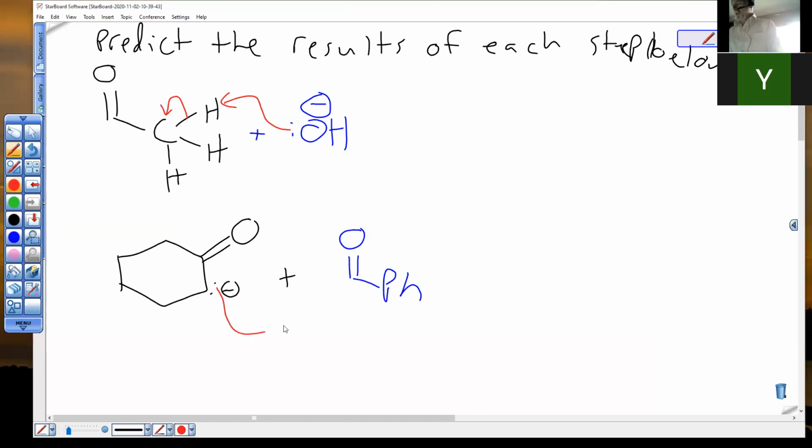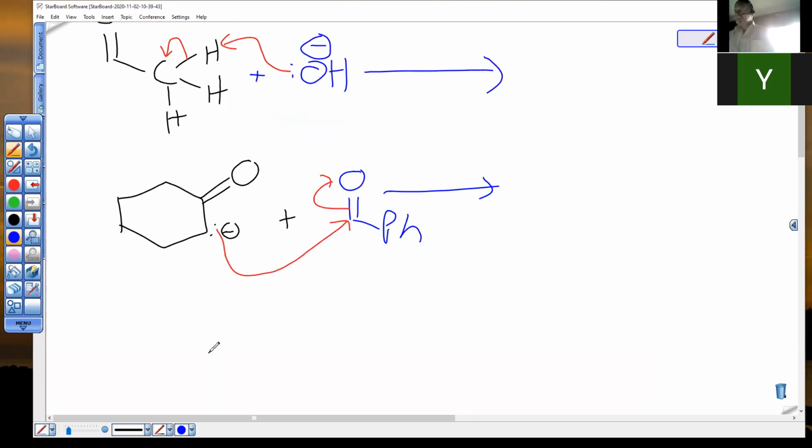And I'll do something like that. So I want you to predict the results of these mechanisms. We'll have 4. And over here.